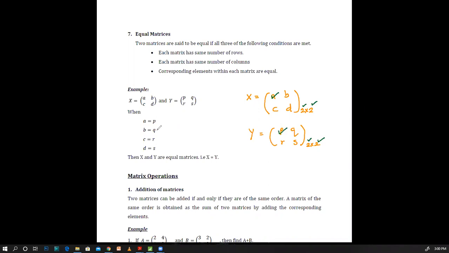Then B equals Q, C equals R, D equals S, corresponding elements. So the first condition is satisfied, the second condition is satisfied, and the only remaining condition was the third condition. Since the equality exists, we can say that X and Y are equal matrices, and it is denoted in this form, X equals Y. This is the way that we can denote it.